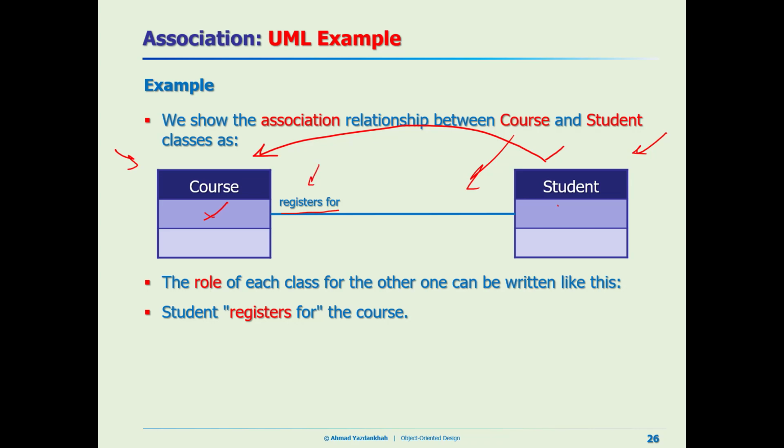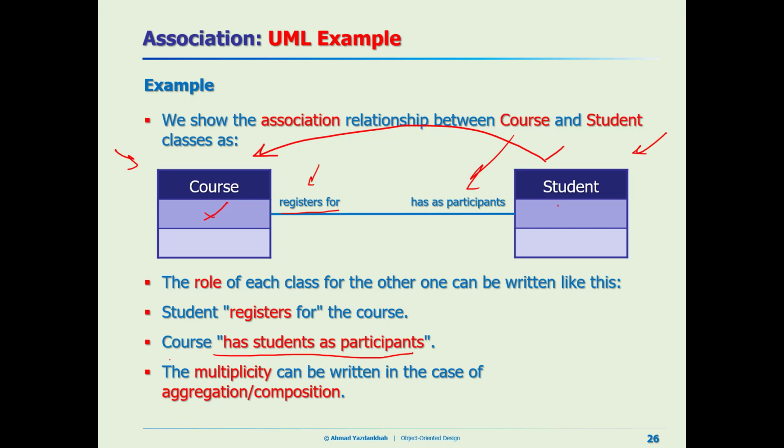So here we put what the student has to do for the course class. And what is the role of the course for the students? In this case, we would say the course has students as participants. And if we would like, we can even mention the multiplicity if the relationship is actually aggregation or composition behind the scene. We can mention the multiplicity here and here.